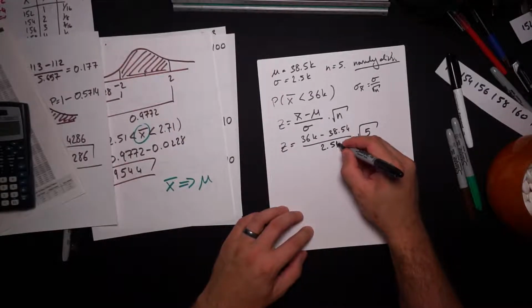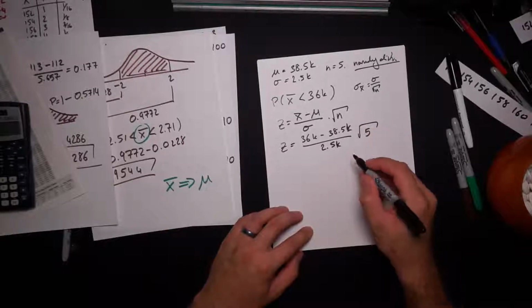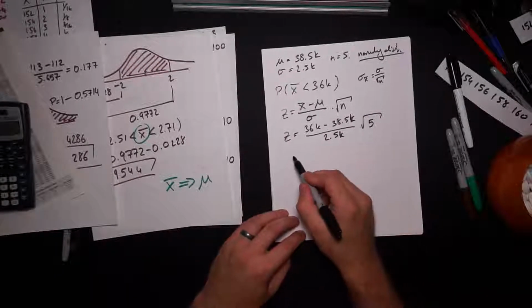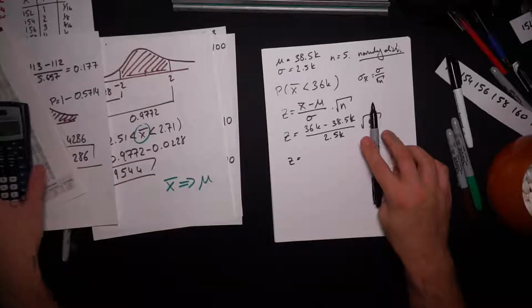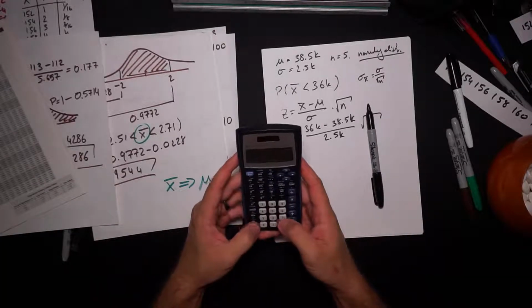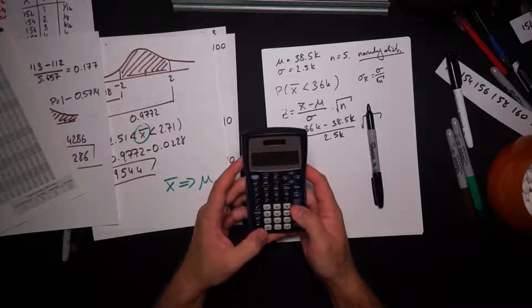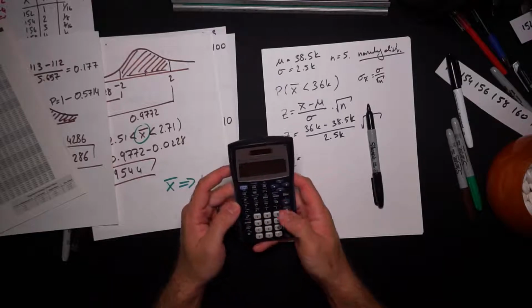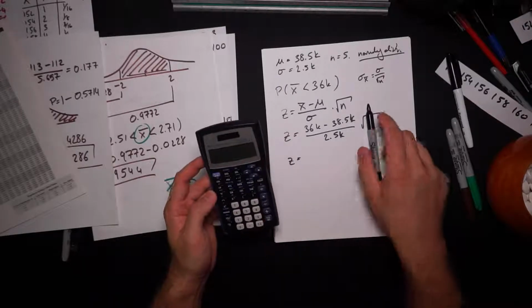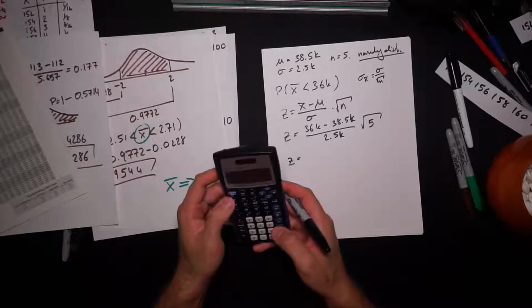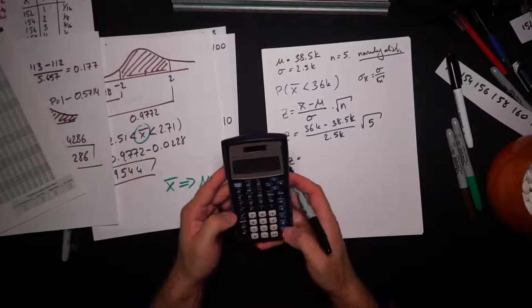Well, the k's are going to cancel out, so what we're going to be left with is 36 minus 38.5 divided by 2.5 over the square root of 5.